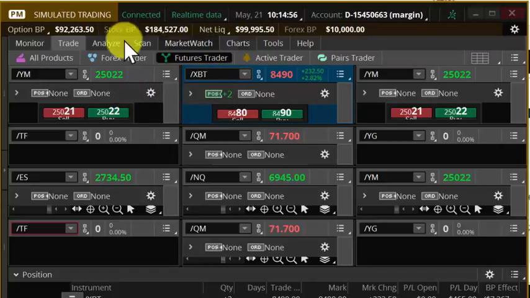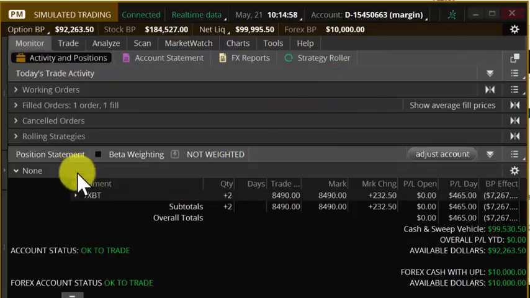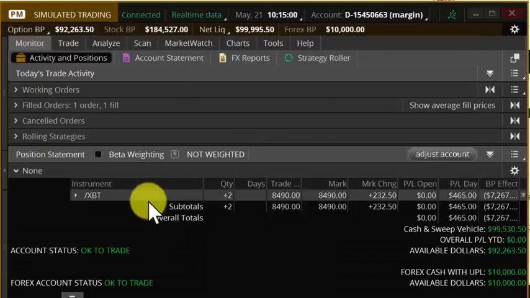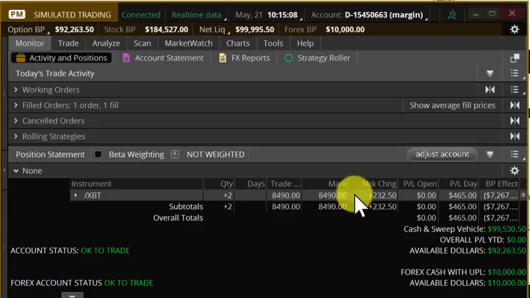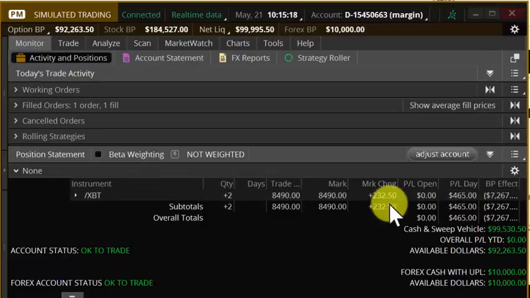So now you want to look at your portfolio. You go to monitor, your positions, right? These are your positions. You now have an XBT, which is the Bitcoin futures symbol, and your trade was here, and this is the buying power that it reduced. PNL, that's for the day. That's not necessarily from your purchase price.